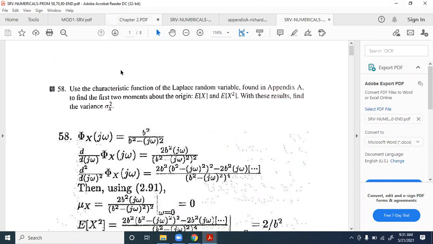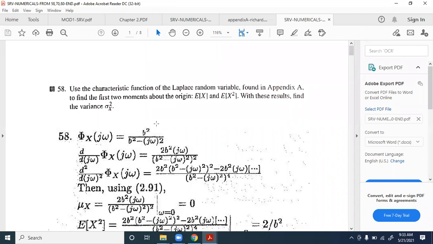So temporarily, I'll just stop the plotting. So 58 is: use the characteristic function of the Laplace random variable found in the appendix A to find the first two moments from the origin, E of x and E of x squared. With the results, find the variance sigma x squared.